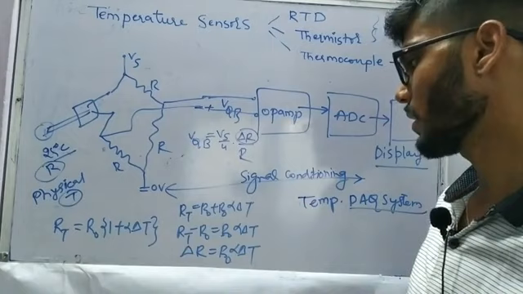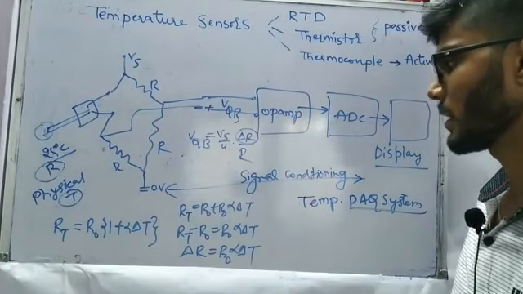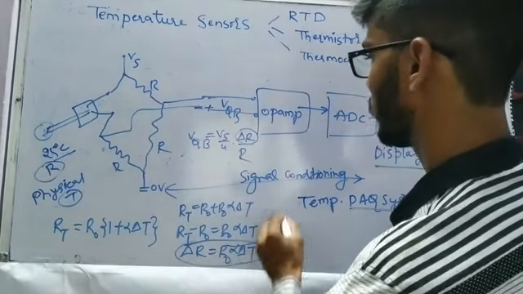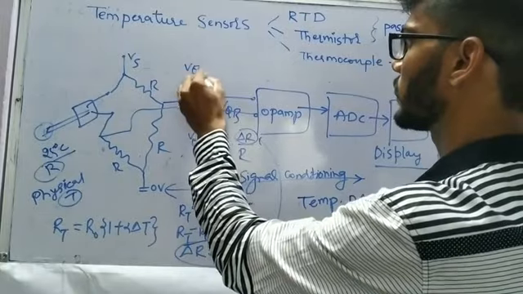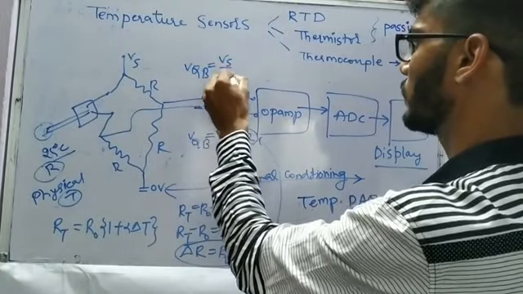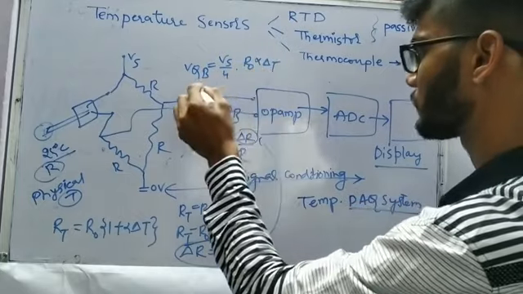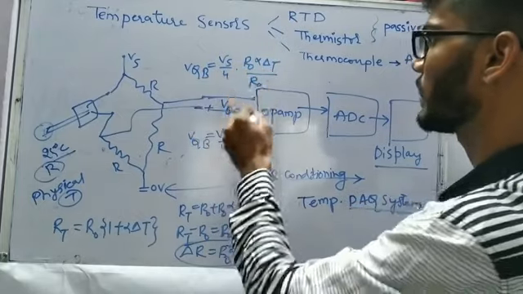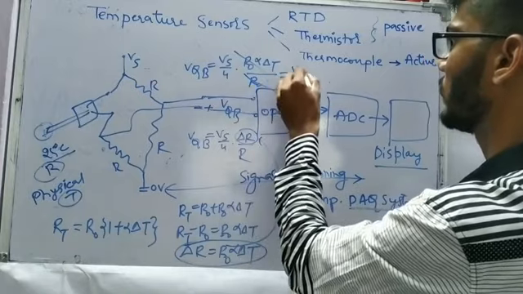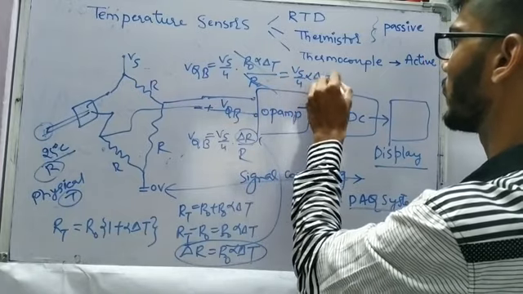If we put this here, we will get the quarter bridge output as Vs by 4 into R naught alpha delta T divided by R, and R is R naught, so R naught gets cancelled: Vs by 4 alpha delta T.